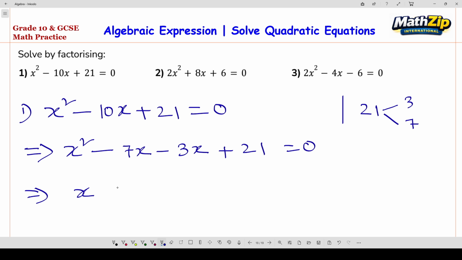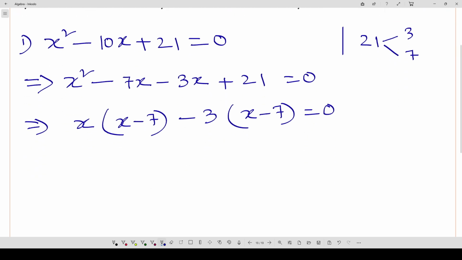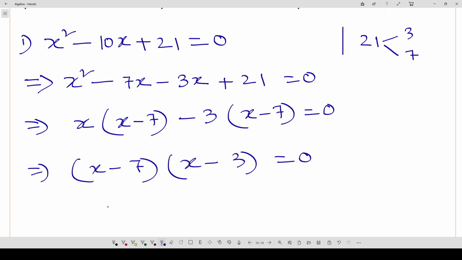Then we can take common x, so x minus 7, minus 3 again x minus 7, equals 0. Now we can take common x minus 7, so it will be x minus 3 equals 0.